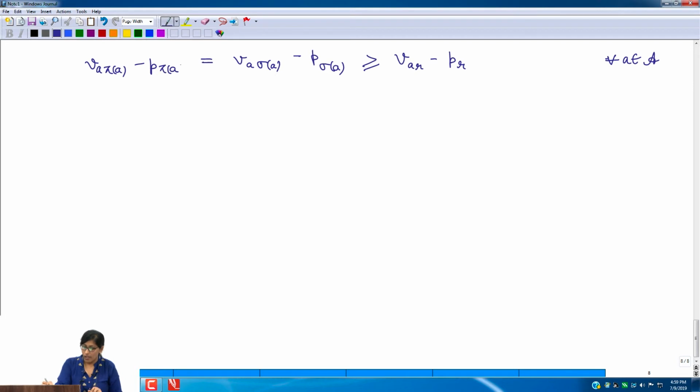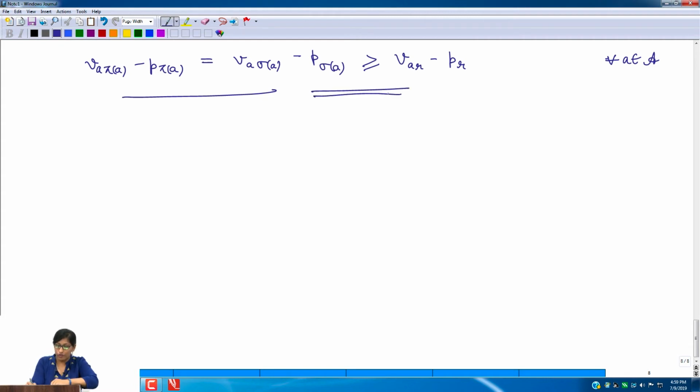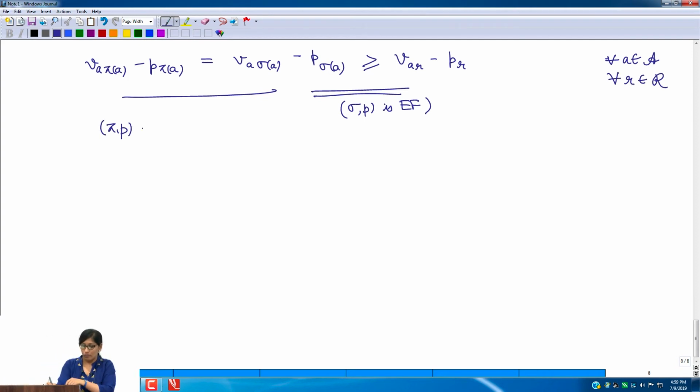Yeah, okay. So I have this particular equality from the last argument, and I know that this holds true since sigma p is NV free, right? So in particular, I know that pi comma p will also form an NV free solution.